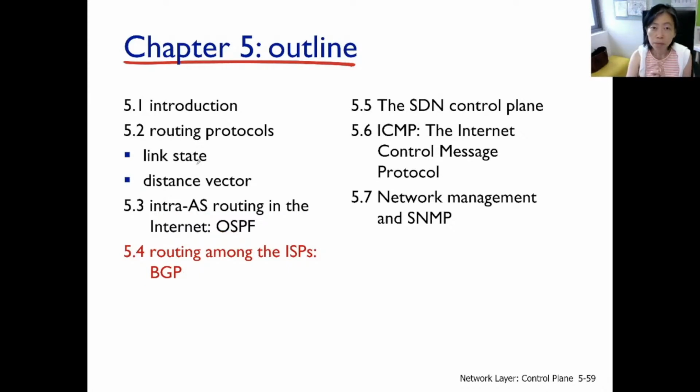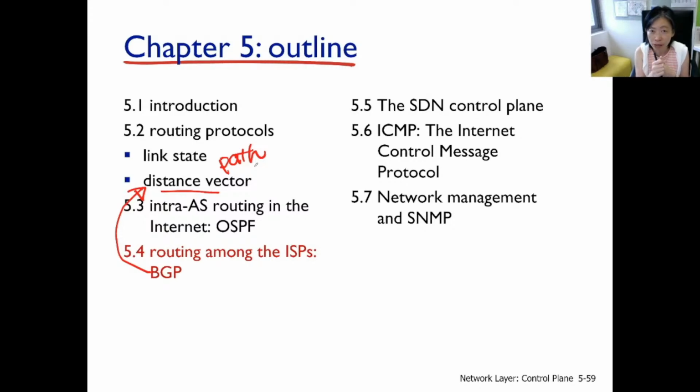We'll talk more about BGP, but let me share just a little bit ahead of time. BGP here is based on distance vector routing. To be exact, it's based on path vector routing. In distance vector routing, the router tracks for each destination what is the shortest distance and what is the next hop along the shortest path to the destination.